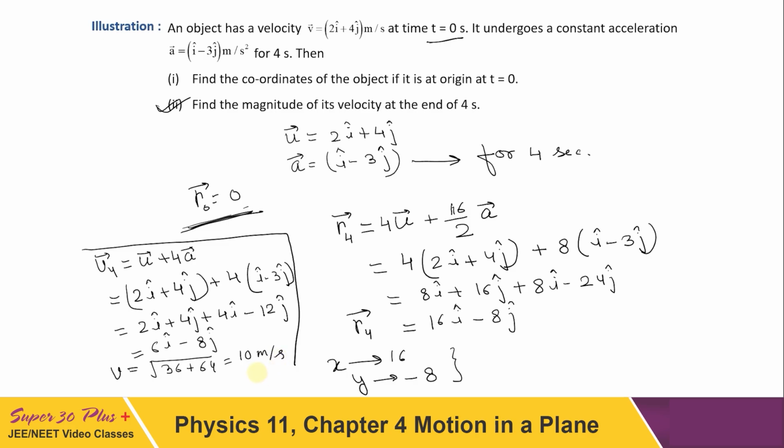In the same manner as we calculated for position, tan theta is equal to Vy upon Vx, which is minus 8 upon 6. So theta will be equal to tan inverse of minus 8 upon 6. Finally, we got the velocity at the end of 4 seconds and the coordinates of the object at the end of 4 seconds.